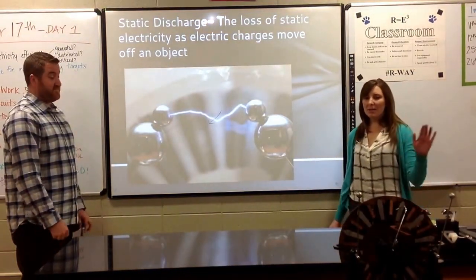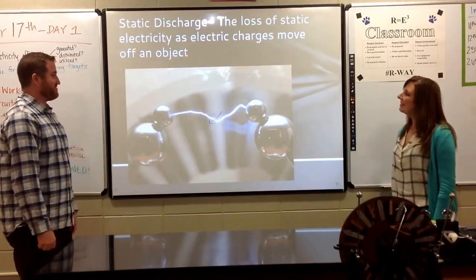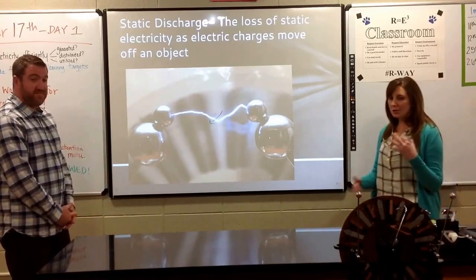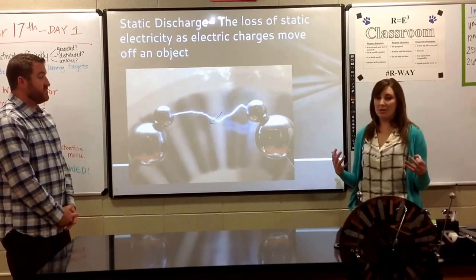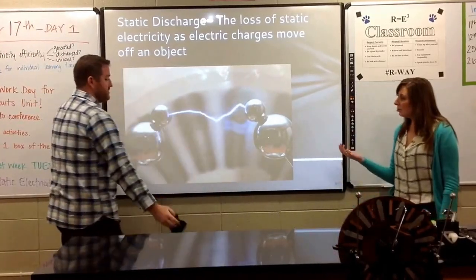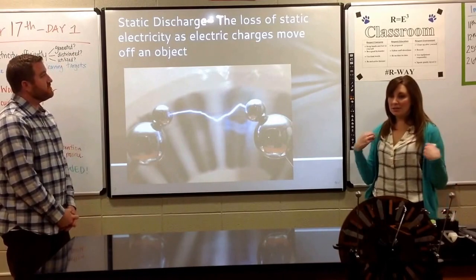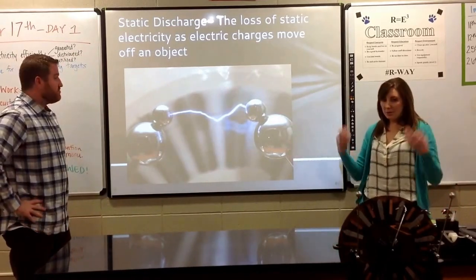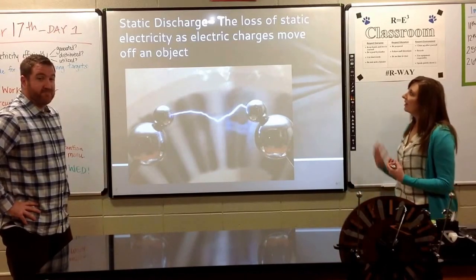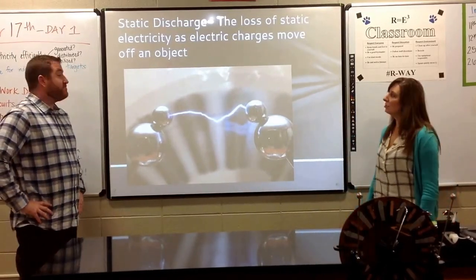Alright, our last big concept that we're going to talk about today is static discharge. So if we're going to have all of these charges building up in a certain object, either through friction, conduction, or induction, at some point those static charges need to leave and bring whatever that object is back into balance, back to neutral. And that is what happens during static discharge.